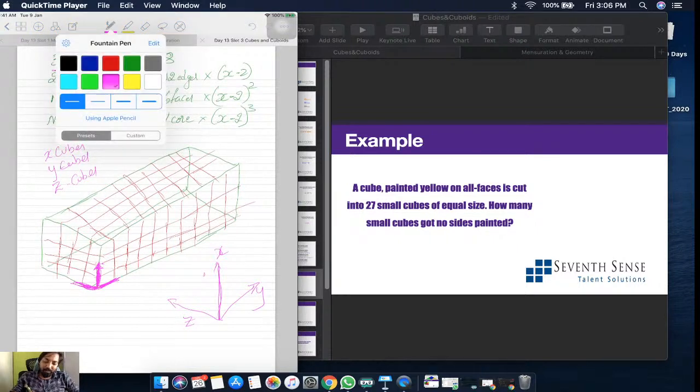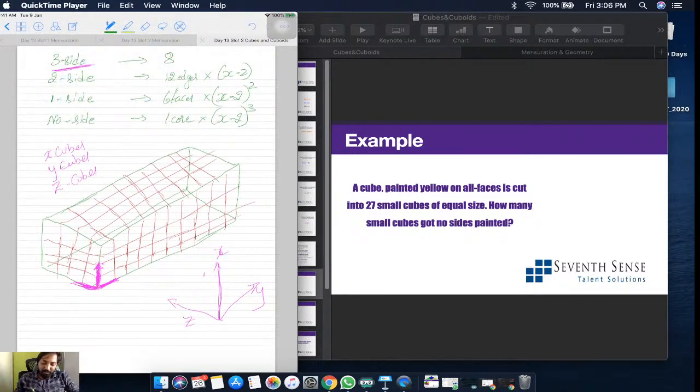Very good. You got the first question. Because all the corners, whether you take cube or cuboid, it is always 8 only. So 3 side painted cubes is exactly 8.